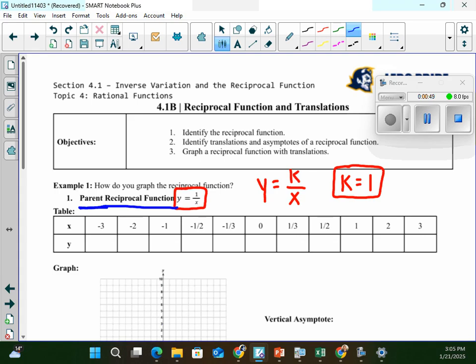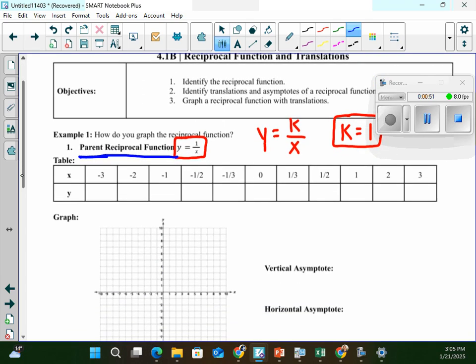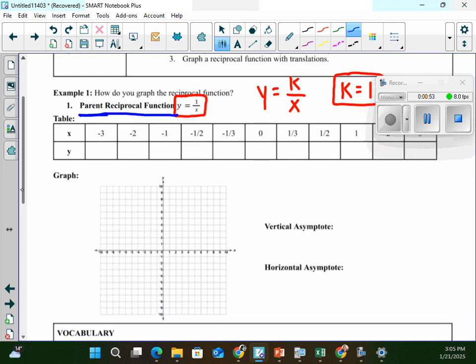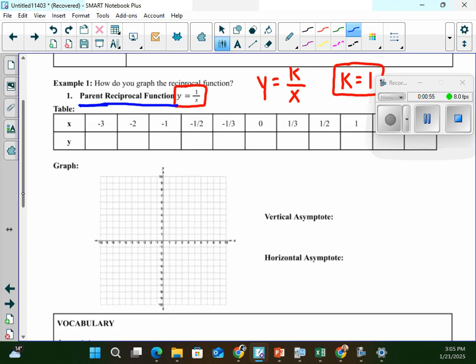So we want to be able to graph this parent function, and to do so, we're going to first come up with some points. So we're essentially going to take all of these x values in this table, and we're going to substitute them into this function, y equals 1 over x. So when x is -3, y is 1 divided by -3. When x is -2, we have 1 divided by -2.